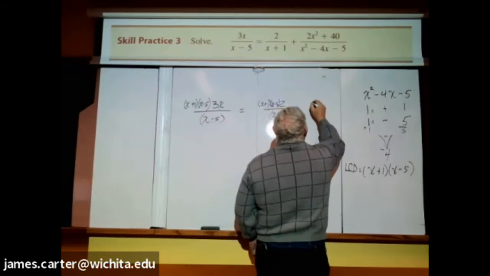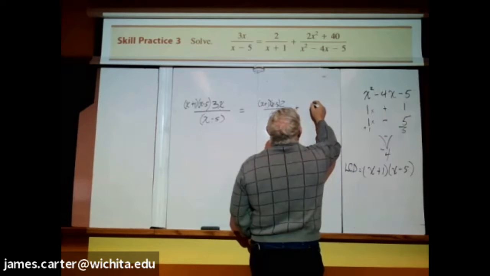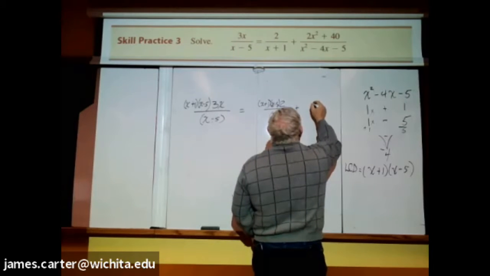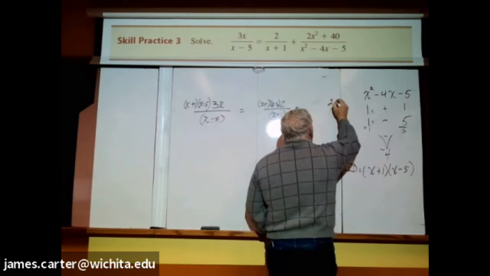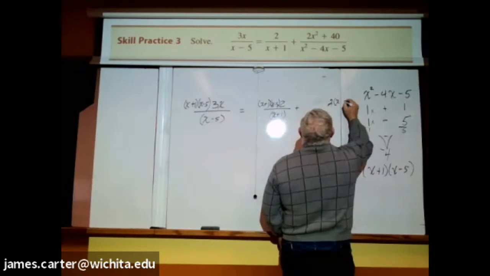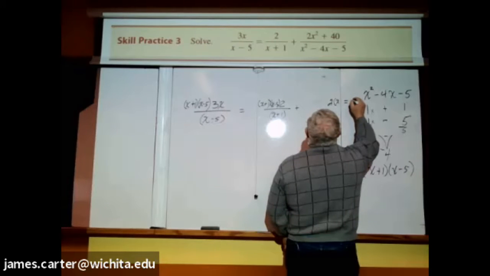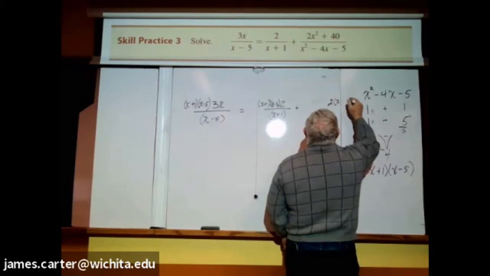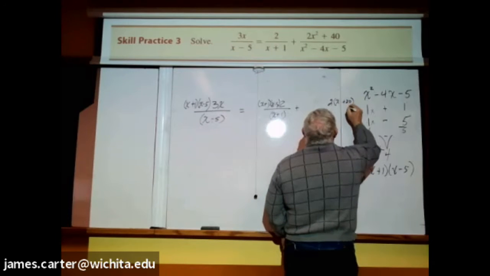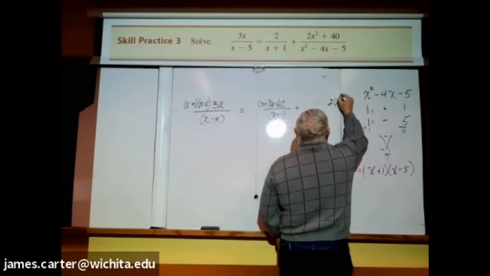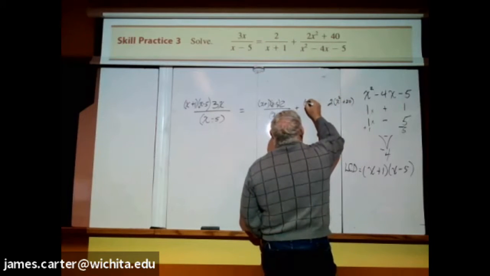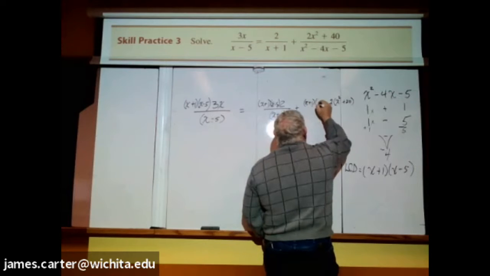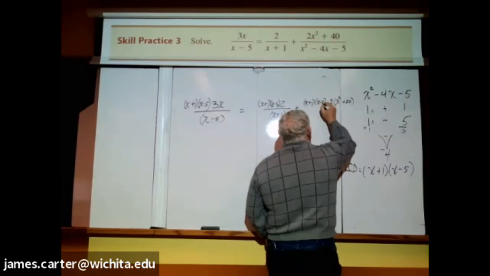Plus 2x squared plus 40, actually will factor a little bit into 2 times x squared plus 20, or x squared rather. And then I have to multiply that by the x plus 1, x minus 5.